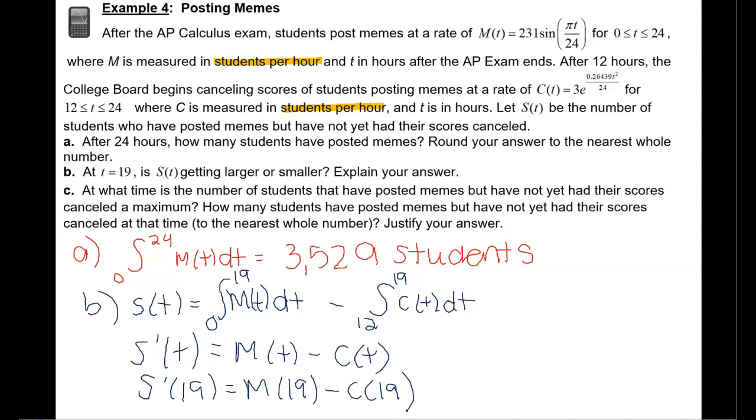That's going to make X 19. If you hit X and hit enter, it'll say 19. So you've placed a value in for X. Now you're going to hit the Y-Vars function Y1 minus the Y-Vars function Y2. What it did is it plugged 19 into both your Y1 and your Y2.